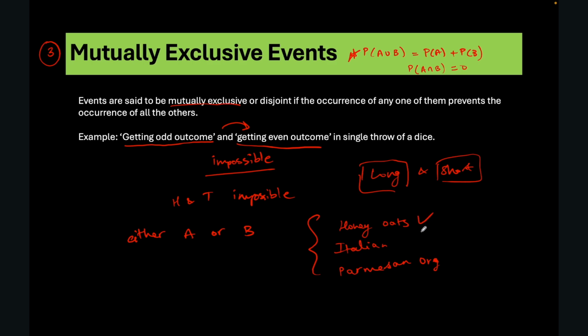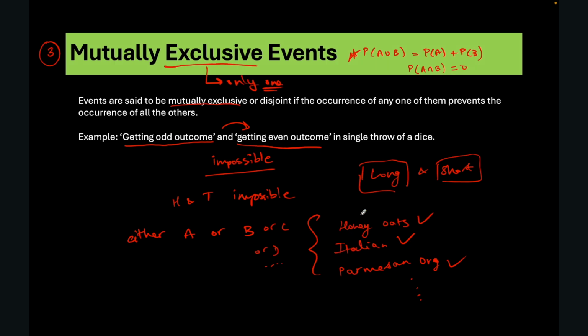It's either honey oats, Italian, Parmesan oregano, or the 2 or 10 other types of breads you have. You can only choose one. So in this situation, it's either A or B or C or D, depending on the possibilities. That's what exclusive means. It's only choosing one.